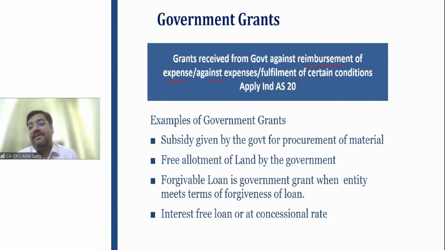Or the government has said we will give you 50 lakh rupees every month to treat COVID patients. So it is against expenses, not a reimbursement of expenses. You bring the medicine and vaccination, whatever you want, and treat COVID patients free of cost, and we are giving you 50 lakh rupees.